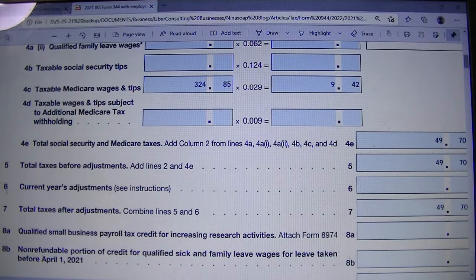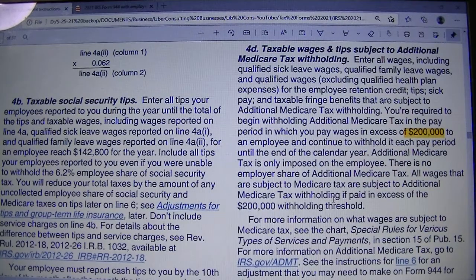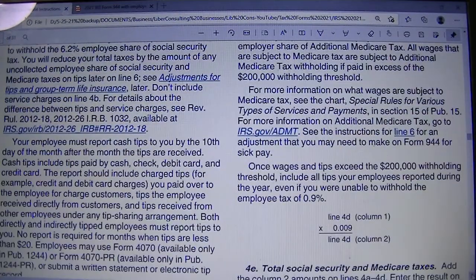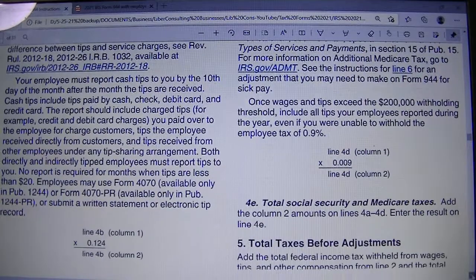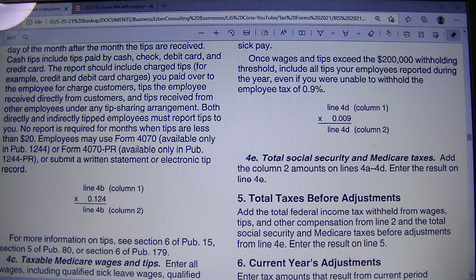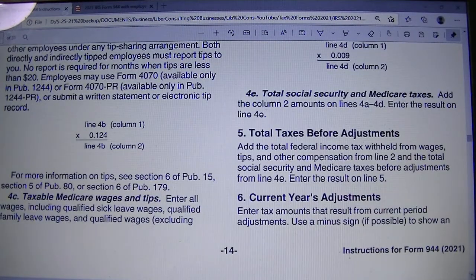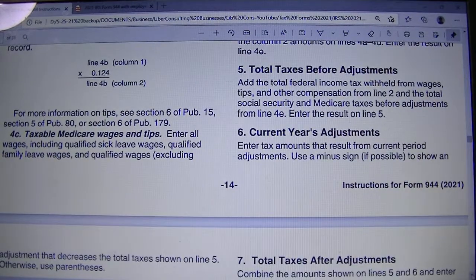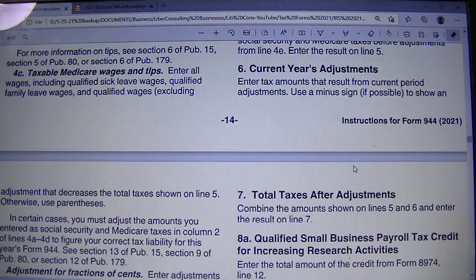Line 6, current year adjustments, and they will give instructions on that. A lot of time it might have to do with when you are filing W-2, W-3 with Social Security, and you have to make adjustments so that things balance out. You can read that portion on line 6.